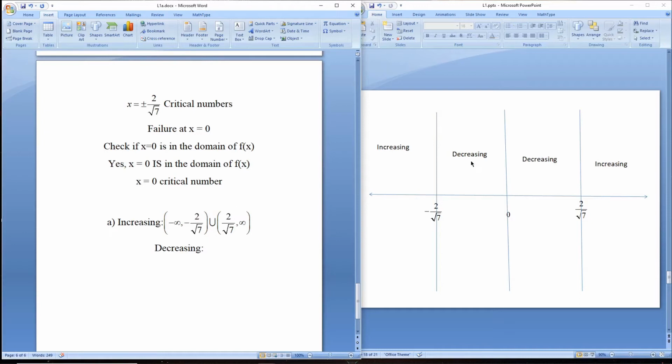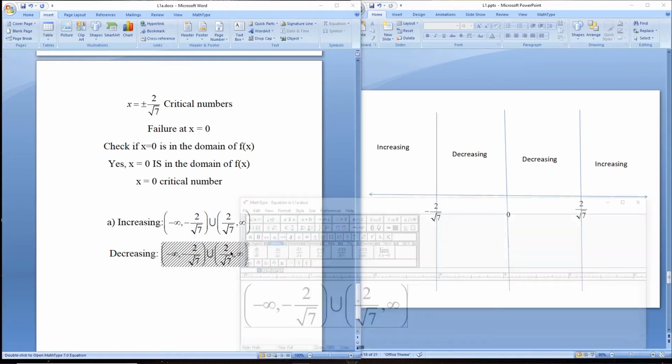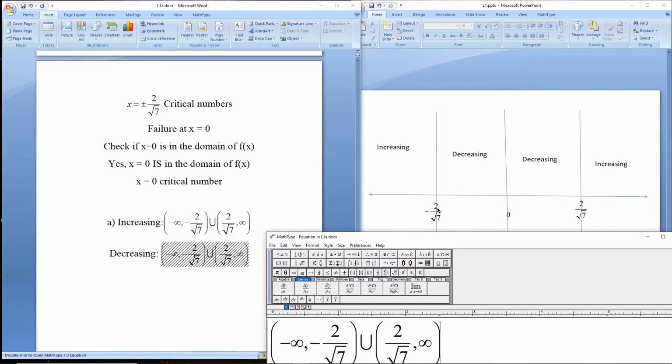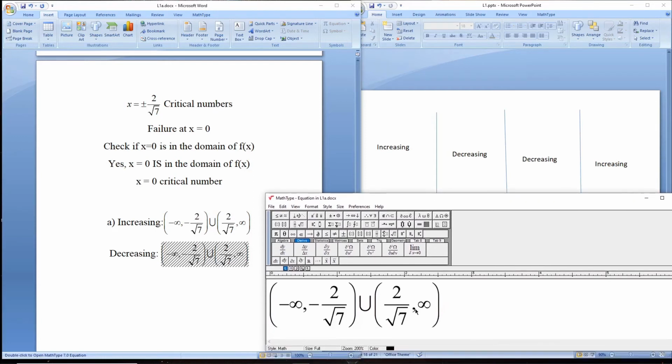But we see we have decreasing, decreasing. So we have these two regions that are decreasing. So the question is, can I write this as simply minus 2 over square root of 7 all the way to 2 over square root of 7? Can I just do that?